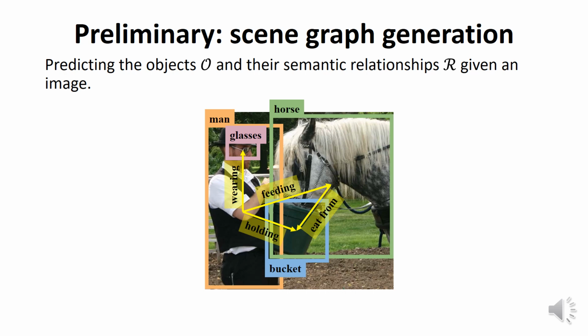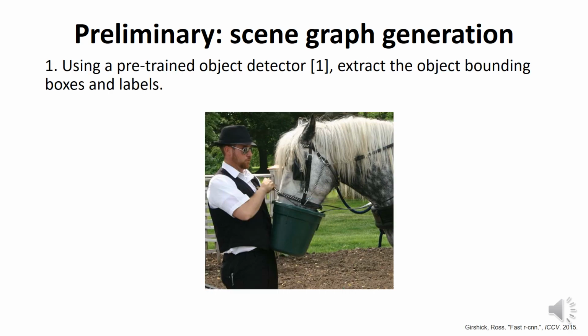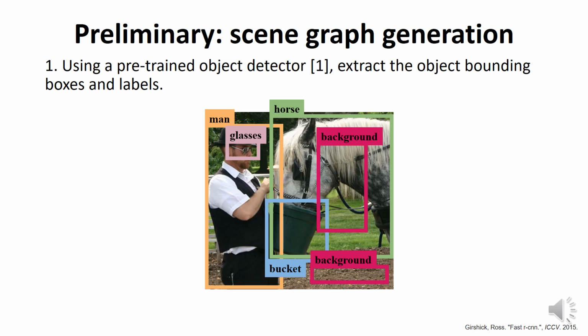Scene graph generation is a computer vision task constructing a visually grounded graph from an image whose nodes and edges represent objects and their relationships in the image. In general, the scene graph generation method is composed of three steps. Using a pre-trained object detector, they extract the object bounding boxes and labels.